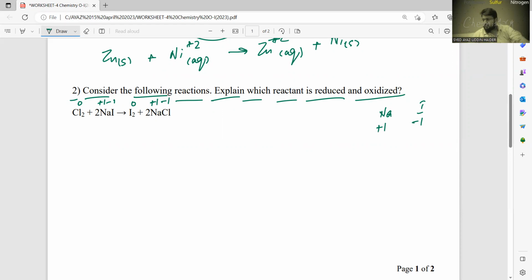Now it's easy to predict the change, that is reduction and oxidation.